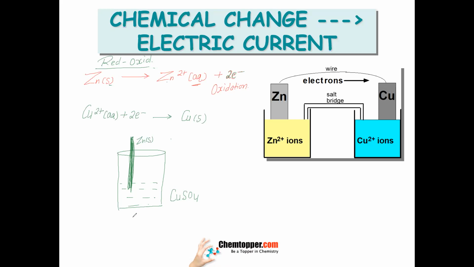Now you leave them. It's a spontaneous reaction. Immediately the reaction starts and zinc starts coming out of it as zinc 2 plus. So here is your zinc 2 plus coming out. And these two electrons are gained by copper 2 plus, and copper 2 plus starts getting deposited over here. You can see it settling down as copper solid.